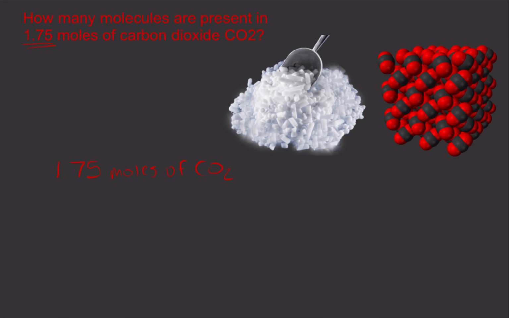And what we then want to do is multiply it by what we need. The question is asking how many molecules, so we want to know how many molecules. That is what we need or what we want. We know that 1 mole equals 6.02 times 10 to the 23rd, right? So at the top, we write 6.02 times 10 to the 23rd molecules. At the bottom, we'll write what we have, 1 mole of CO2.